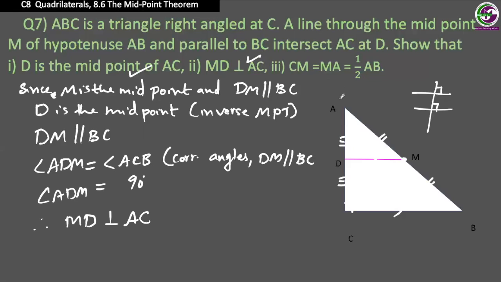Next, we have to show that CM, so we join C to M, is equal to MA. These two sides are equal, which is equal to half of AB. This is already shown in the question. Because M is the midpoint means it is half of AB. This is done. Now you have to show that CM is equal to MA. For that, let us consider two triangles.